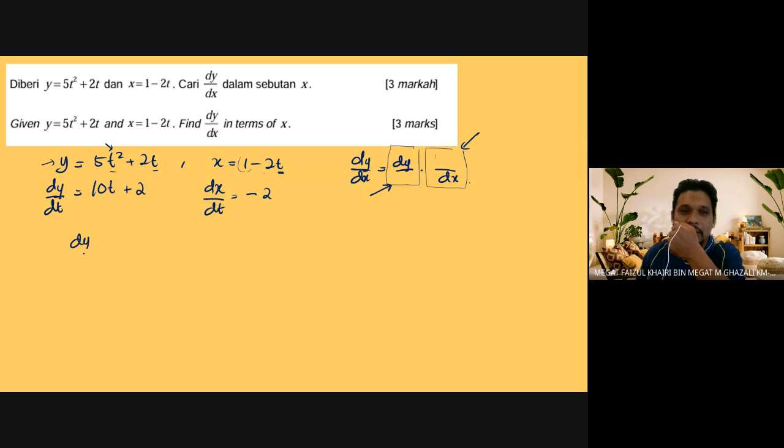So dy/dx equals dy/dt times dt/dx. Look at this, dt and dt. We have dx/dt, the derivative of x with respect to t, equal to negative 2, but what we need is dt/dx.